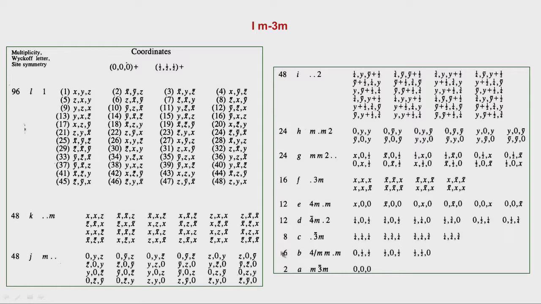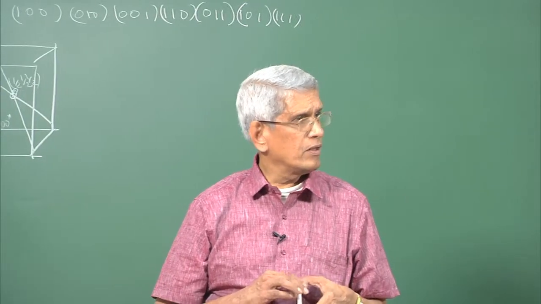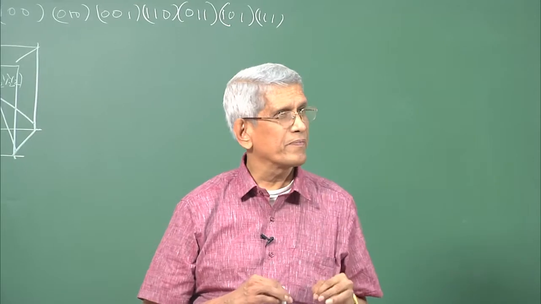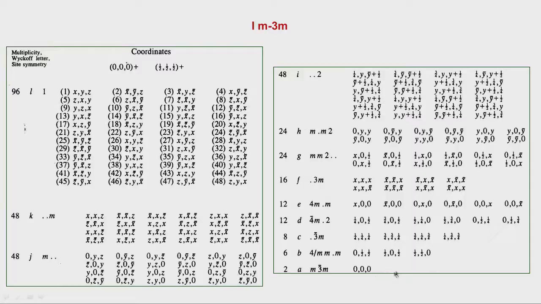Suppose you are placing the atom not at the corner, but at the face center. Then these are the 3 general positions in fractional indices, with respect to the origin, where you take one of the lattice points and these 3 positions, and you will be able to generate them.